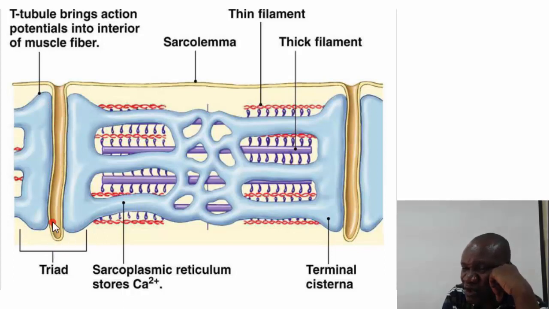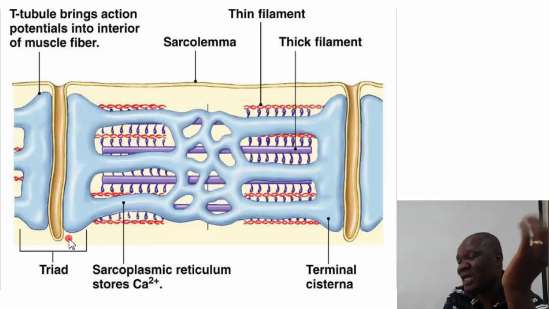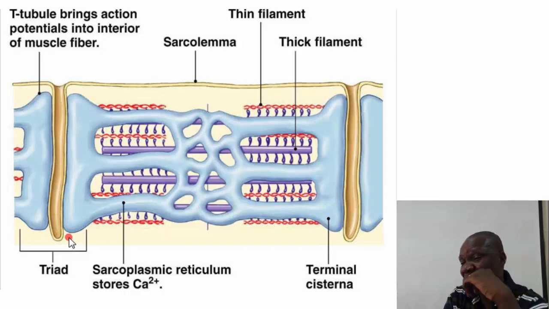So these two terminal cisterns with the sandwiched T-tubule constitute what we call a triad. And the triads are found at the AI junction in the sarcomere. Now we'll get to know what the AI junction is.